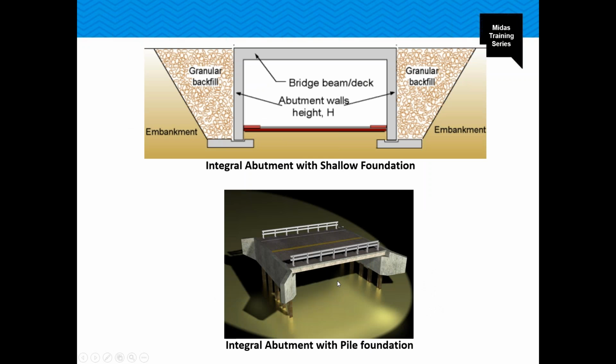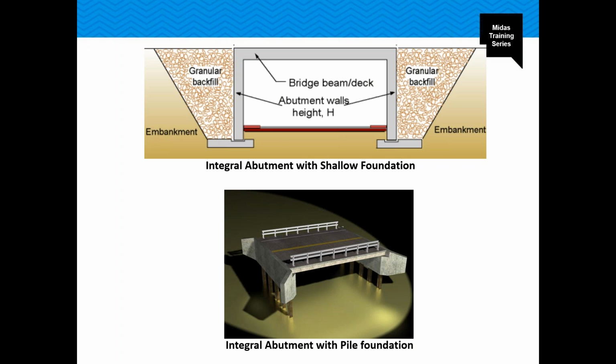Again, moving to the fourth type, integral type of abutments. Integral abutments are connected to the superstructure rigidly, without any joints for expansion or contraction. An integral abutment can be a wall type abutment, or a stub type abutment resting on flexible piles. The major advantage of integral abutments is the lower construction cost as well as maintenance cost.